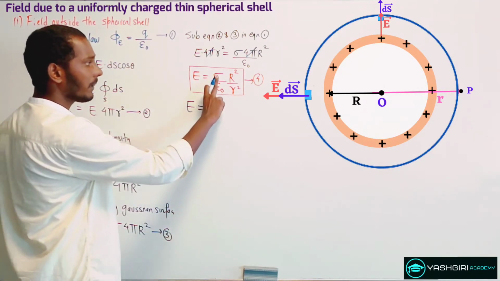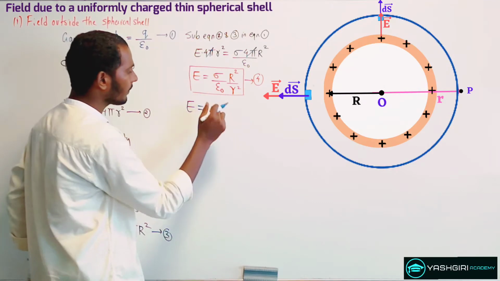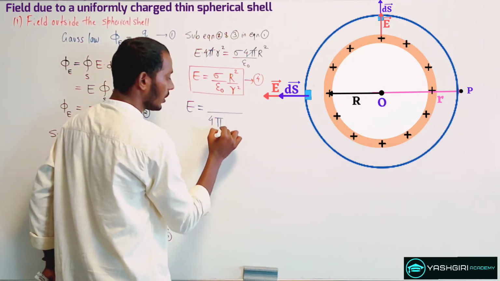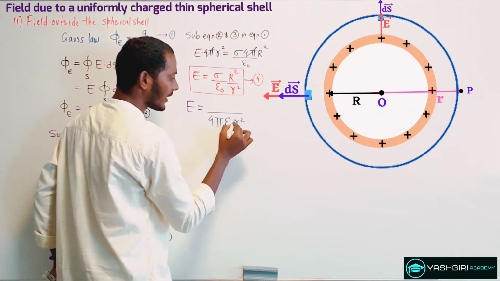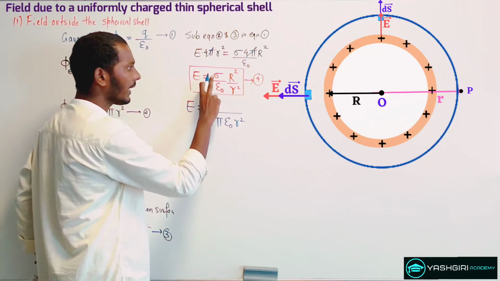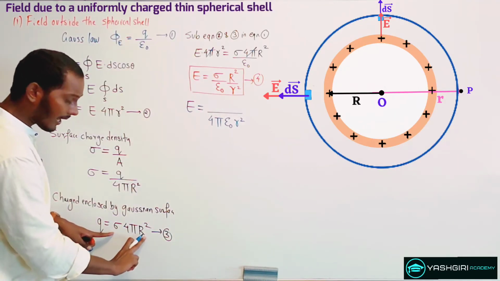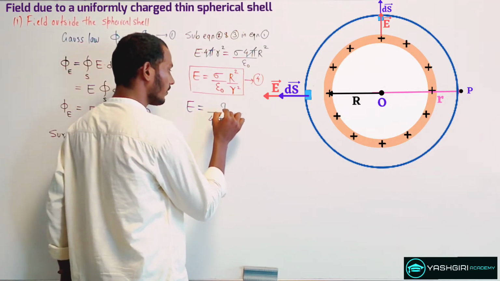If I multiply the numerator and denominator with 4 pi, the denominator becomes 4 pi epsilon naught into r square. In the numerator, 4 pi sigma R square I can write as a small q.